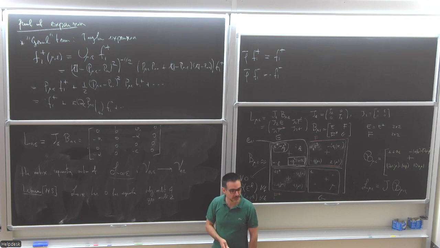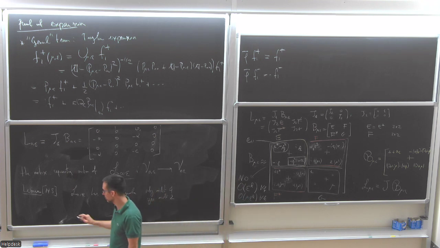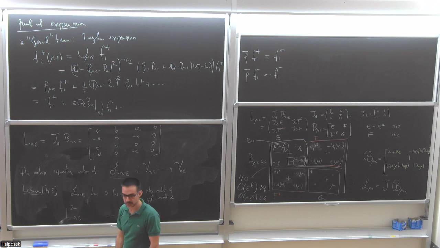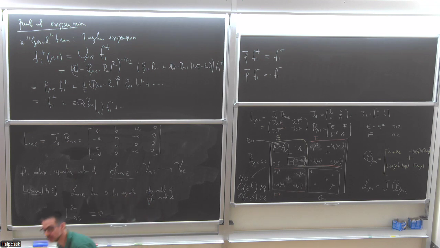What does it mean for a 4 times 4 matrix to have this? Well, it means that L0 epsilon squared is 0.